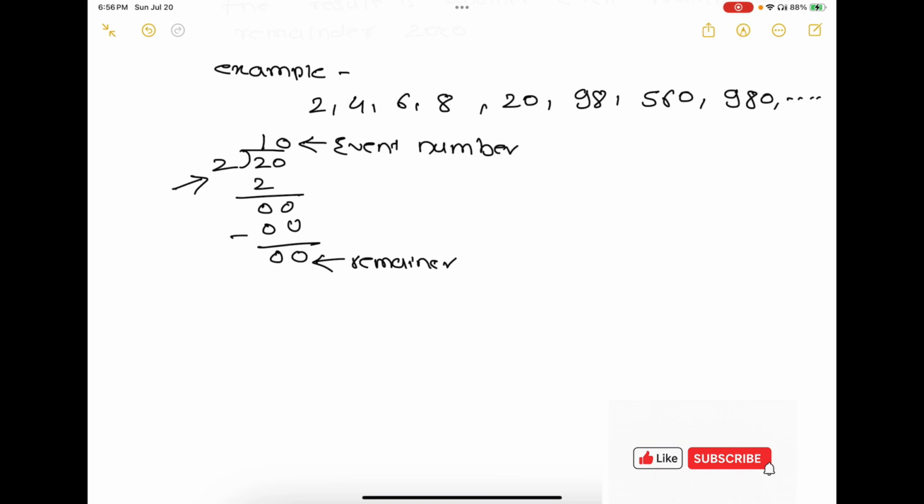What we discuss in the second part is when we divide any even number by 2, the result is another whole number with no remainder. So here when we divide 20 by 2, 10 is another even number. Okay, so this is also a very important concept for the even number.